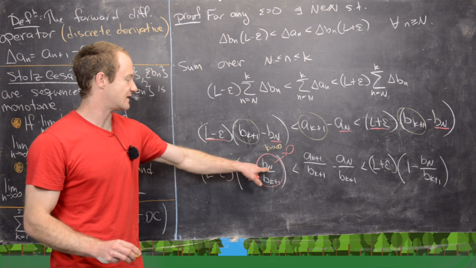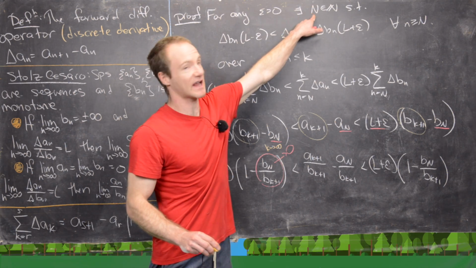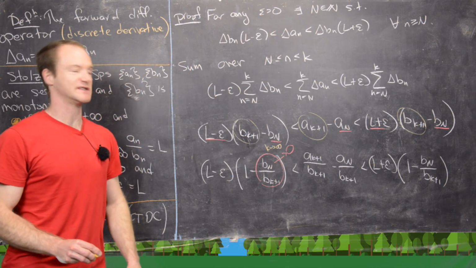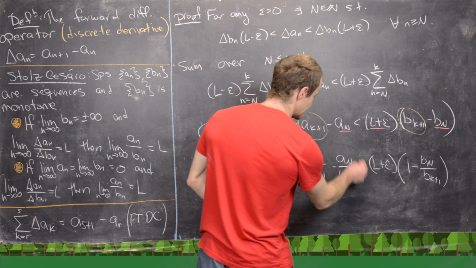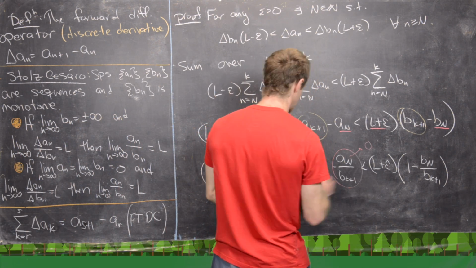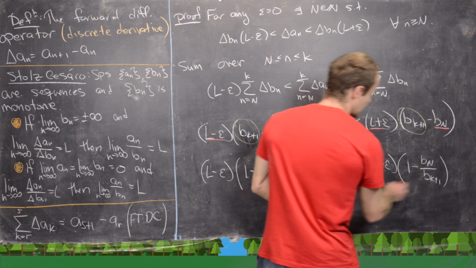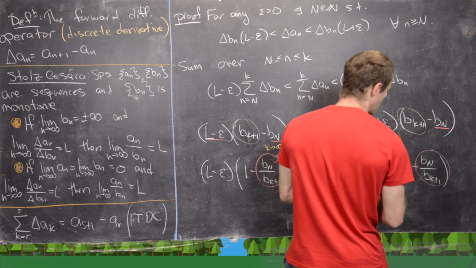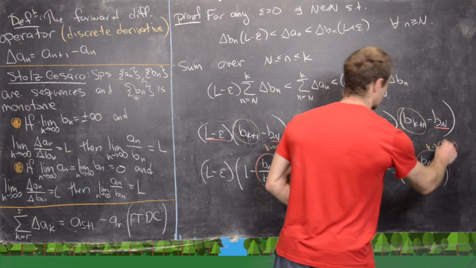So it's a constant that depends on this N that we plugged in, but that N is fixed by our original choice of epsilon. Great. And so likewise, this term right here is also going to go to 0 as k goes to infinity. And this term over here is also going to go to 0 as k tends towards infinity.